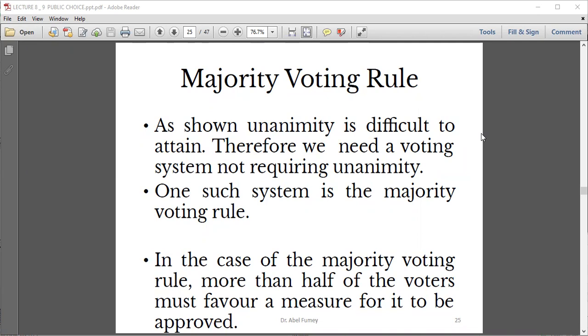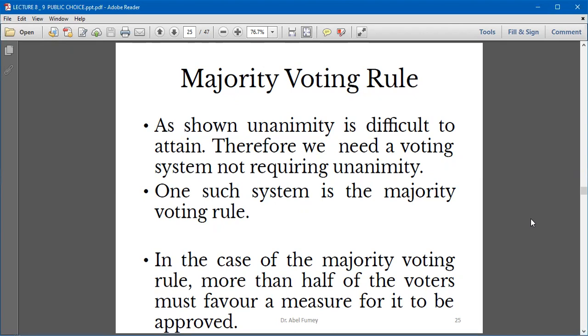But we saw the limitations: how difficult it is to bring all these people together, the decision making cost, and all those things you have to care about before we reach an optimal outcome. So today we will look at the majority voting rule.